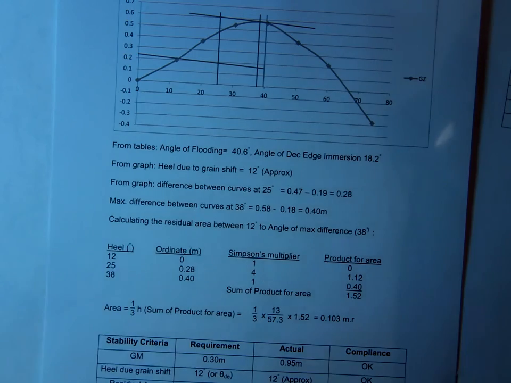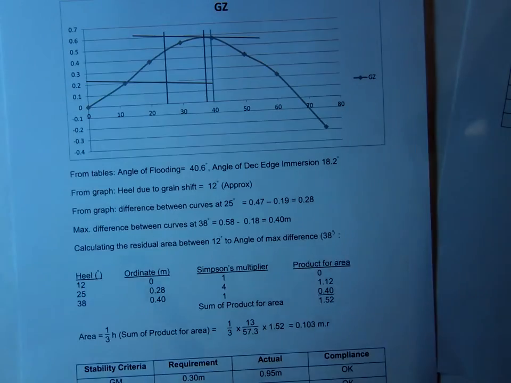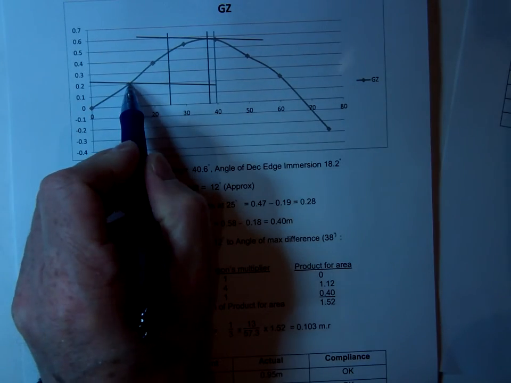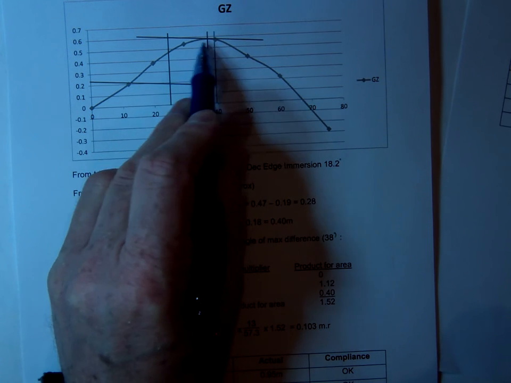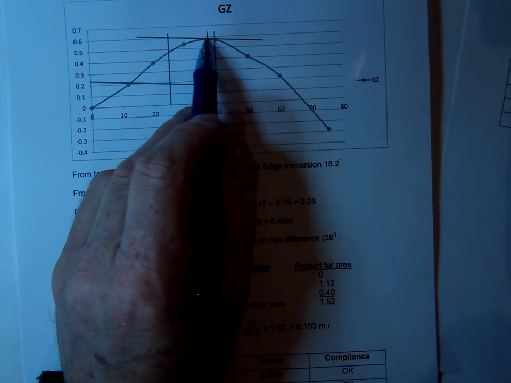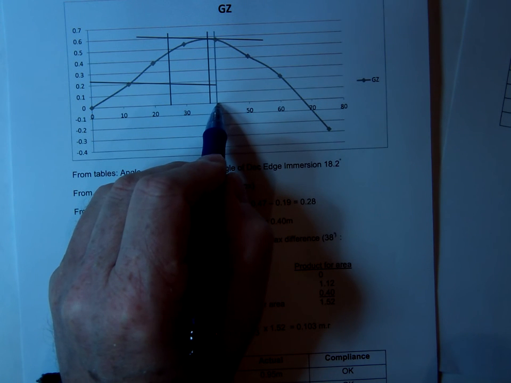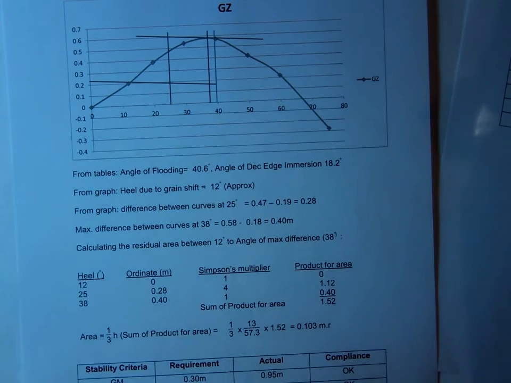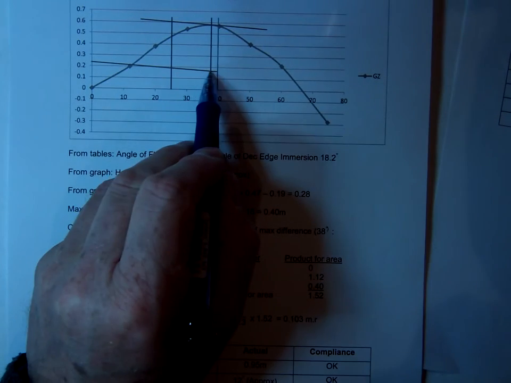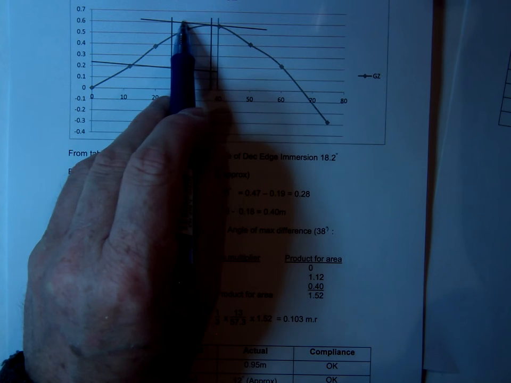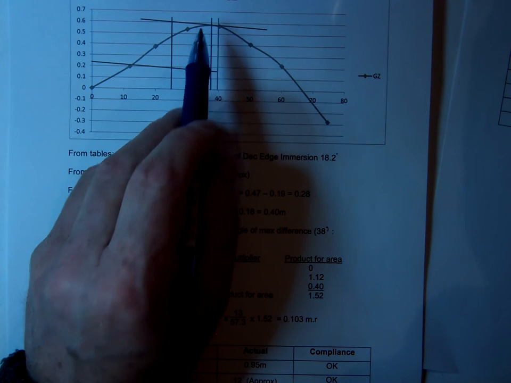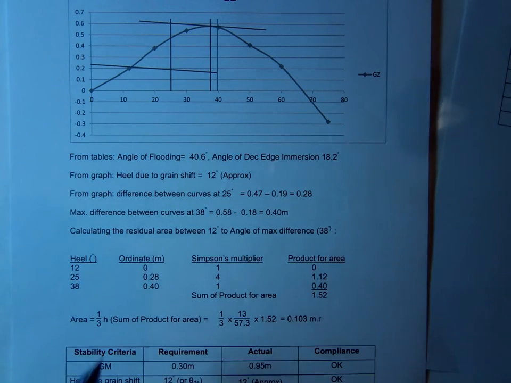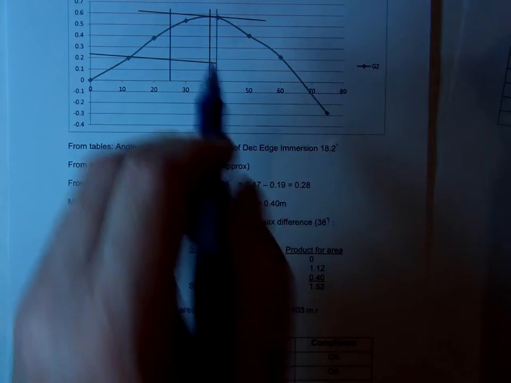Then it's the residual area we need to look at. Now the residual area is this area from here to here. We determine this value here. This is either 40 degrees, the angle of flooding, or if we draw a tangent to this curve and go across the highest point, we can see that the highest point on this particular graph occurs at 38 degrees.